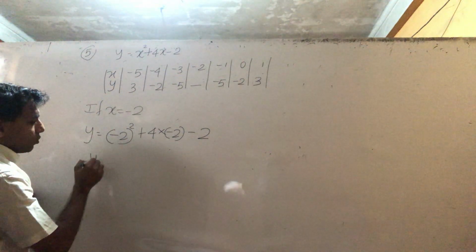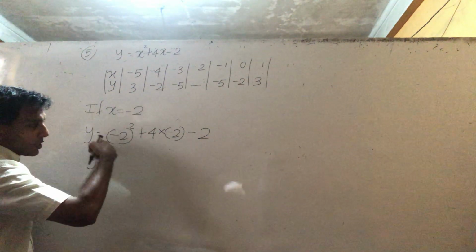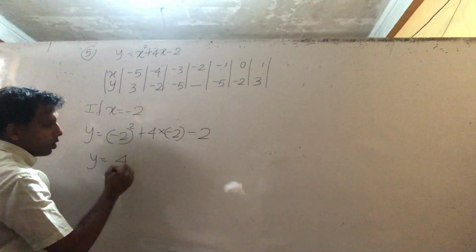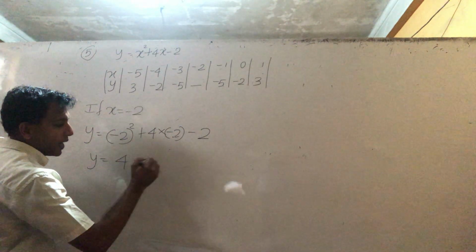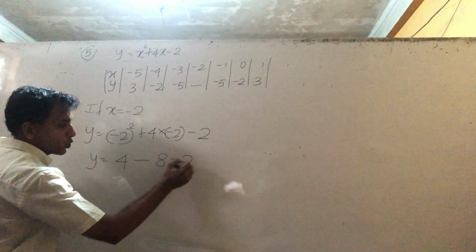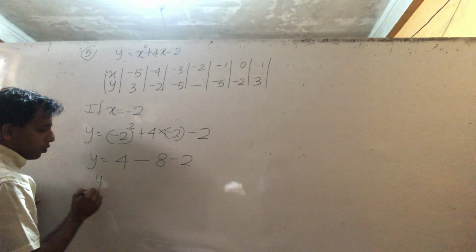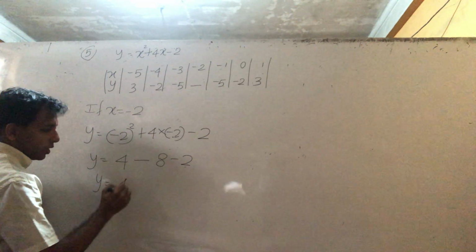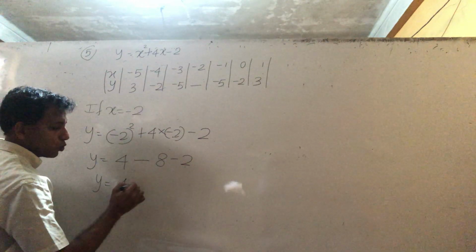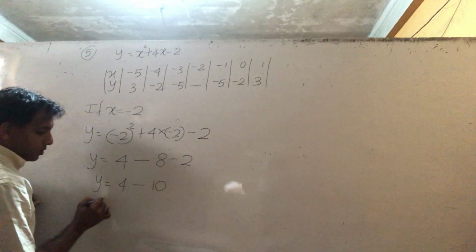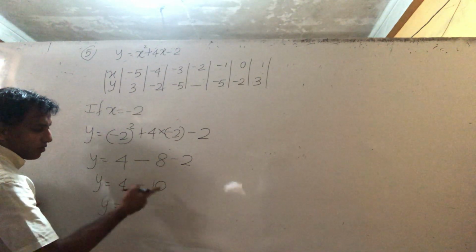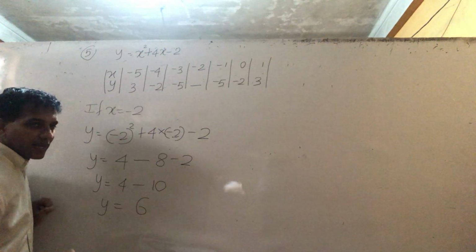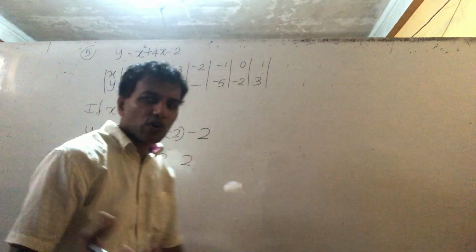So y equals minus 2 squared, 4, plus 4 into minus 2, minus 8, minus 2. So y equals 4 minus 8 minus 2, minus 10? No, it is not 6. 4 minus 10 is minus 6, so 6 is wrong, that you can't get.